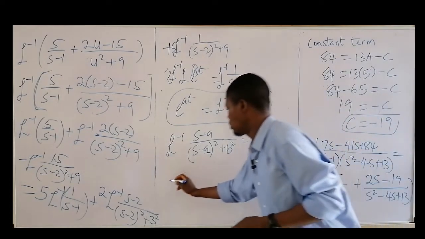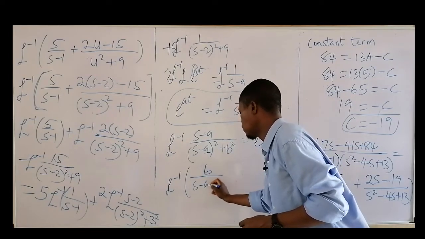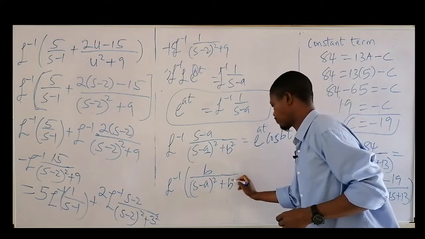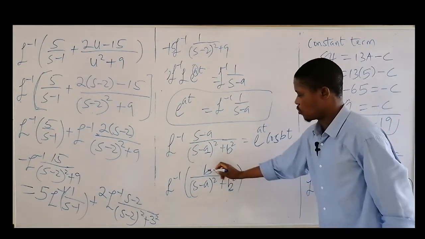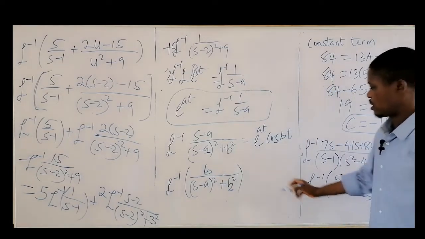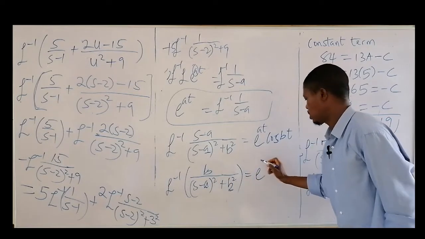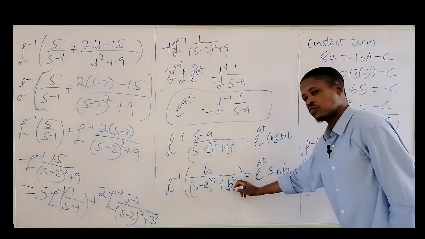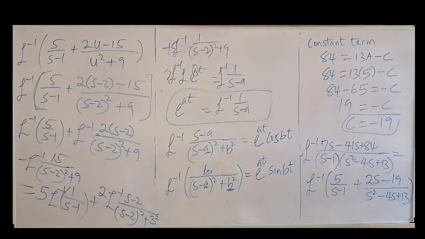Another one is the inverse of b over (x minus a) squared plus b squared. You must have one b at the numerator, and that will give us exponential at, sine bt. So that's that. We can quickly apply that.